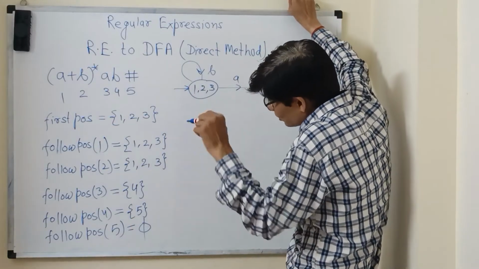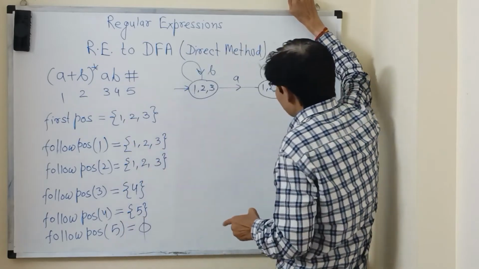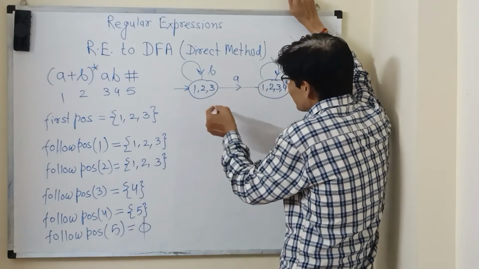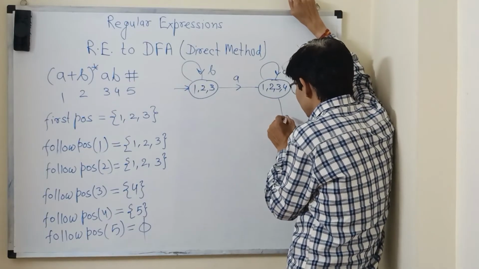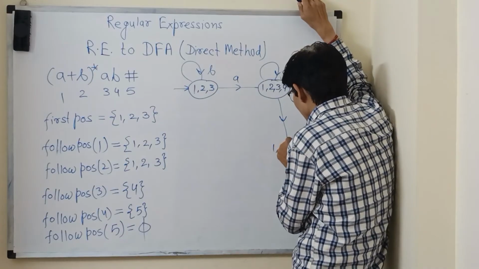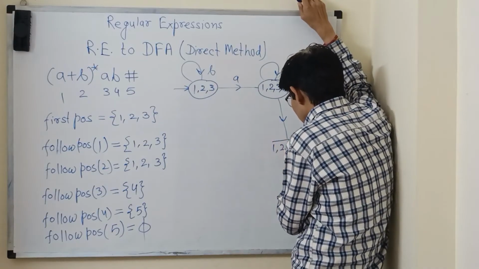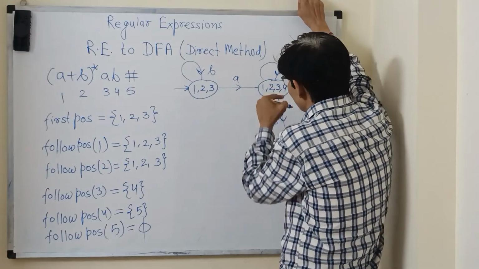We will take the union of these two, so this would be 1, 2, 3, 5. And that state we have not created yet, so we will create one more state here as 1, 2, 3, 5. So this would be another state, and that would be the transition of B from this state.